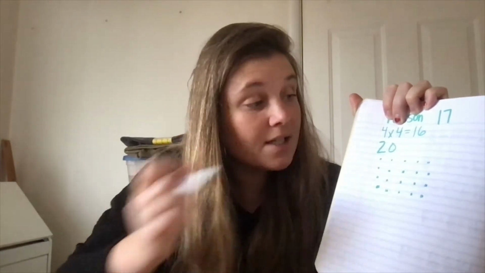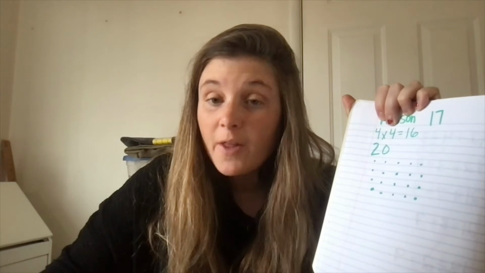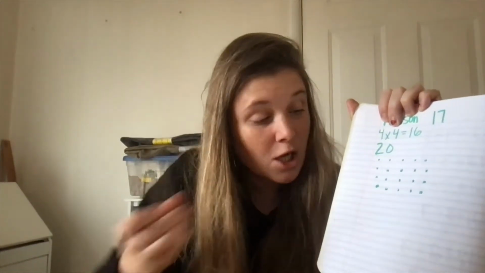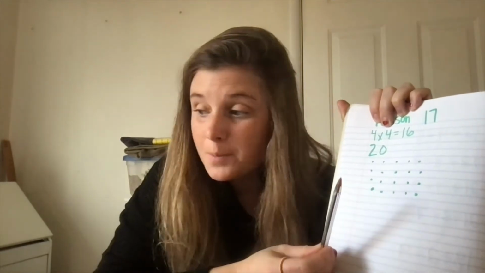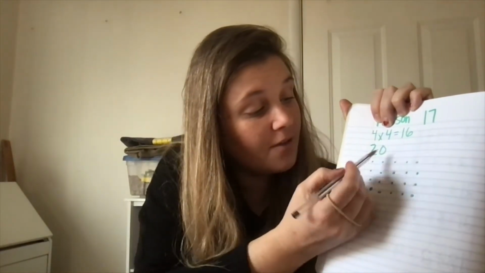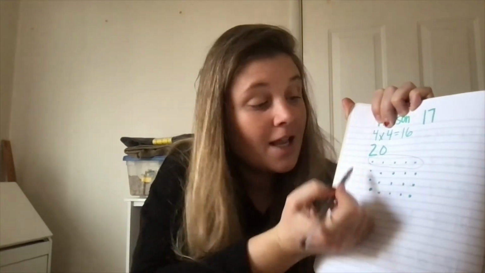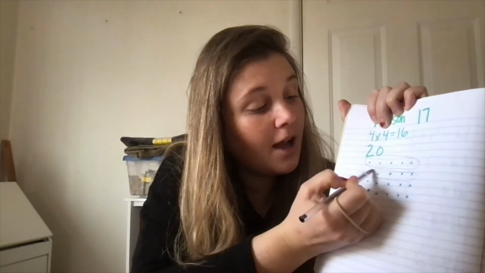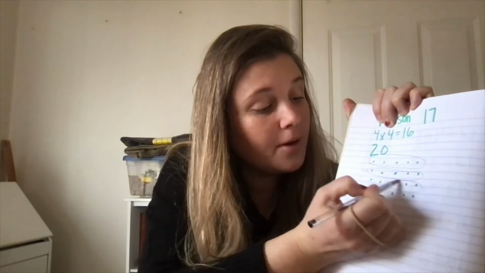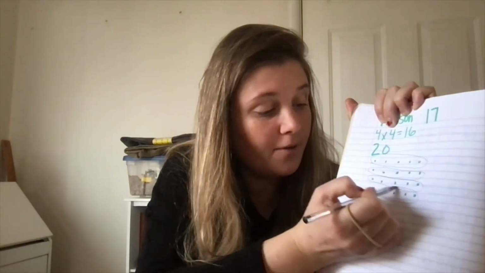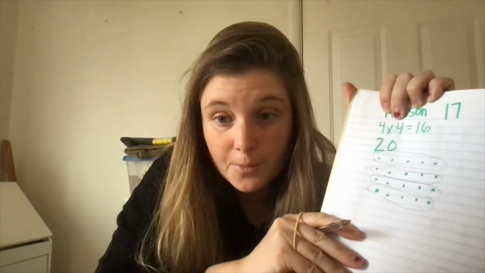Now, we need to write a multiplication problem for that. So, this is how we look at it. This is 4 groups of 5. Here's our group of 5. Here's our group of 5. Here's our group of 5, and here's our group of 5. Can you circle your groups of 5?